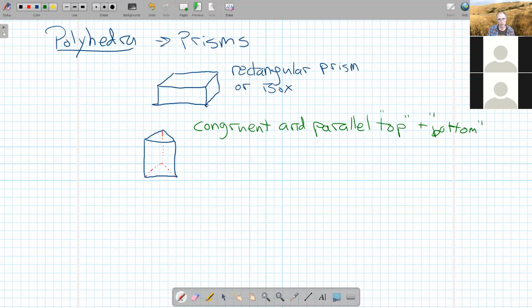Right, so this would be one of my tops, and then down here is my other bottom. And you flip it, it doesn't matter. And then usually what we want from there is perpendicular faces from the top and bottom.